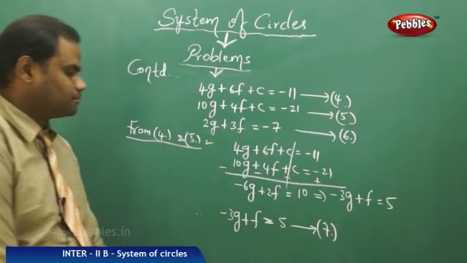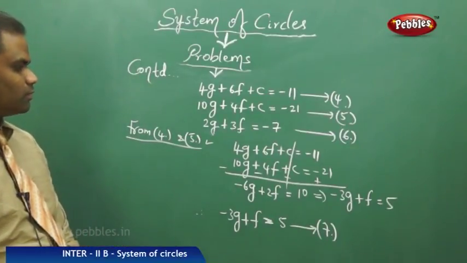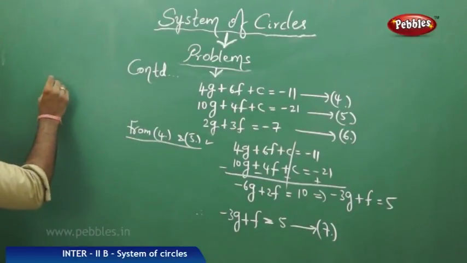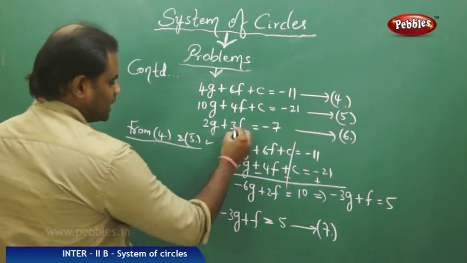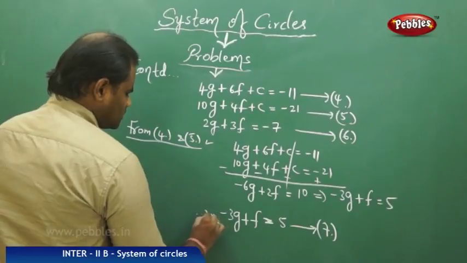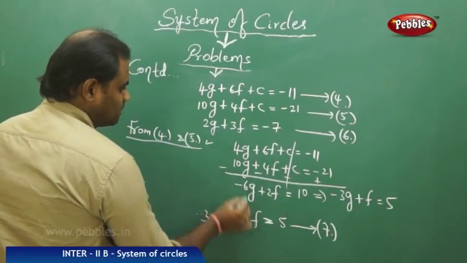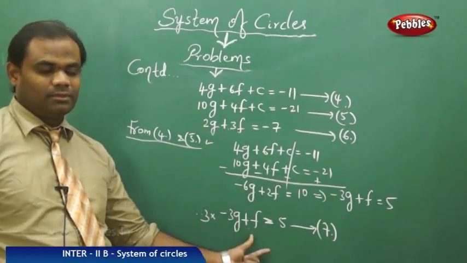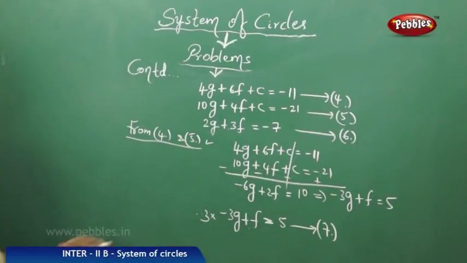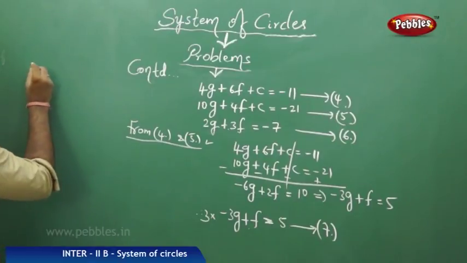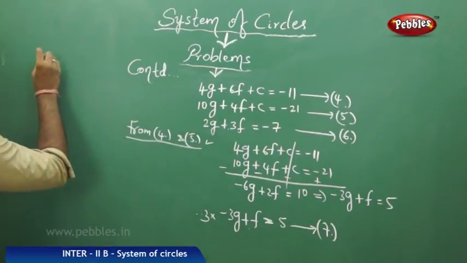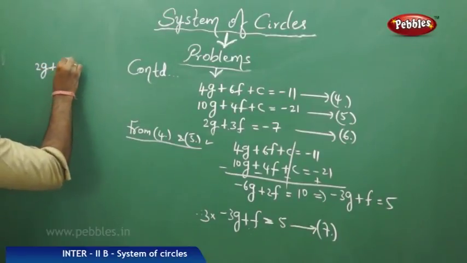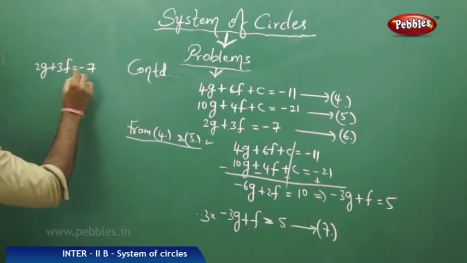Therefore, I get the equation minus 3G plus F equals 5, which I take as equation 7. Now I would like to solve equation 6 and equation 7. Taking equation 6 and equation 7, clearly I see that this can be made equal to this by multiplying by 3, so that my coefficients of F are the same. Therefore, multiplying equation 7 by 3, I get minus 9G plus 3F, which is 3 times 5, which is 15. Equation 6 is 2G plus 3F equals minus 7.